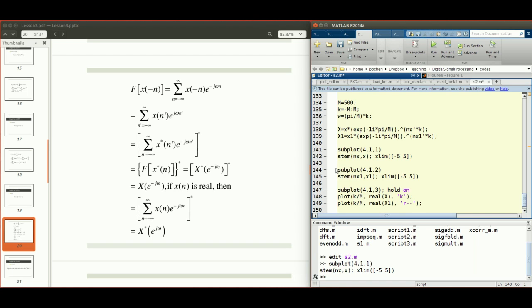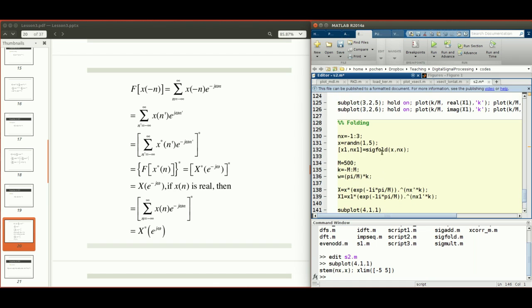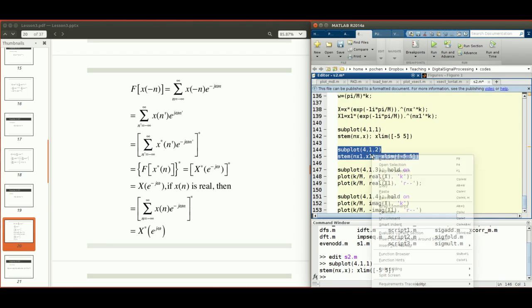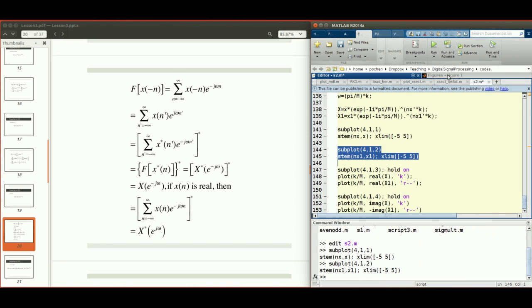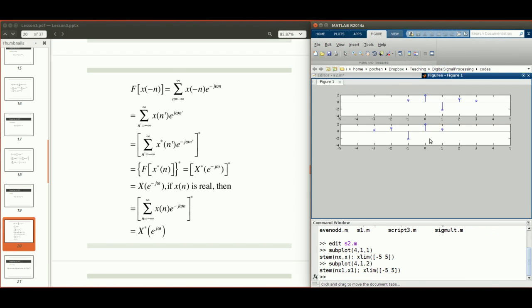And then let's also plot the folded signal, which is nx1 x1. That's the folded signal. You can sort of see the folded signal is symmetric to the original signal with respect to x equal to 0. See, right?